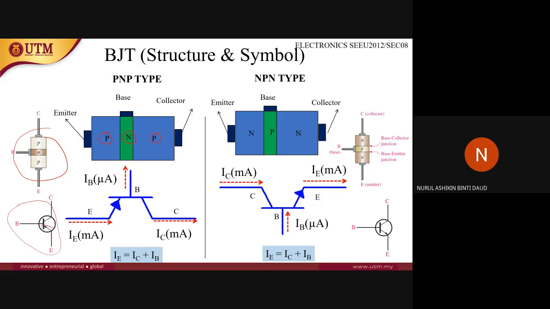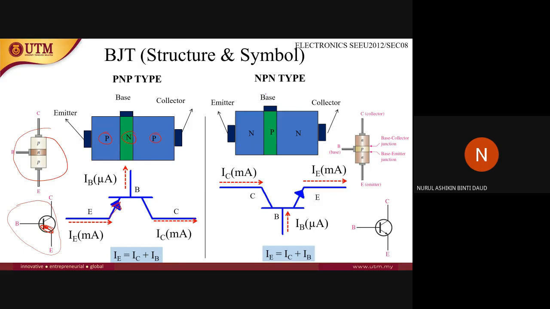And you can look here, the arrow represents the flow of currents inside this transistor. So here for PNP, the currents flow from the emitter. It means that the currents from the emitter will flow to the base and then go to the collector.